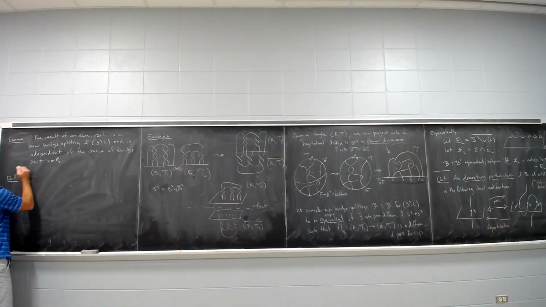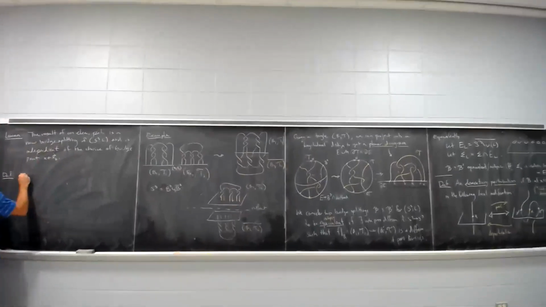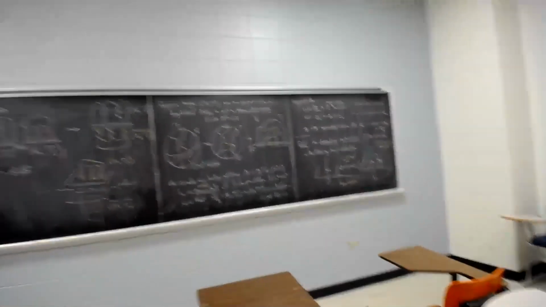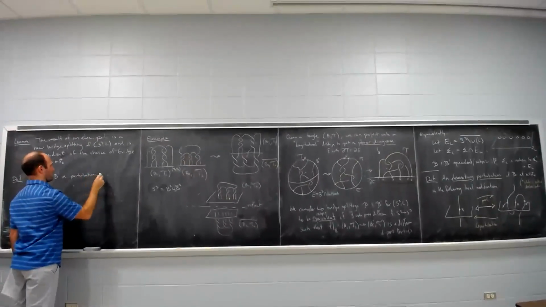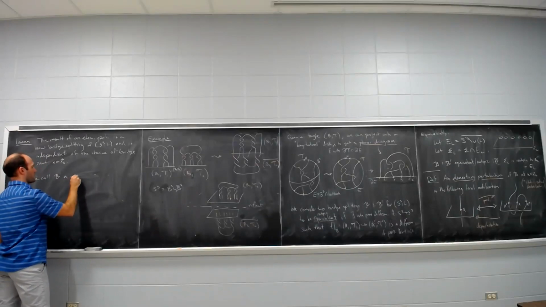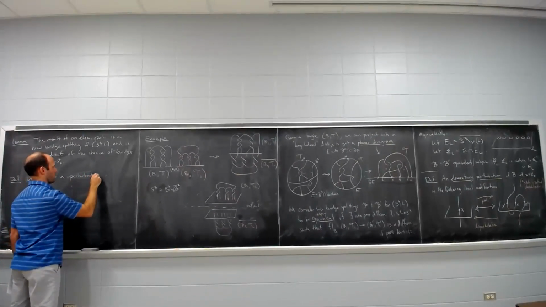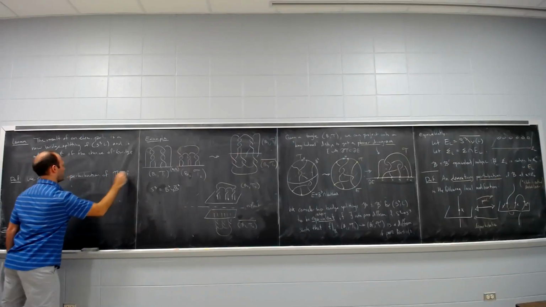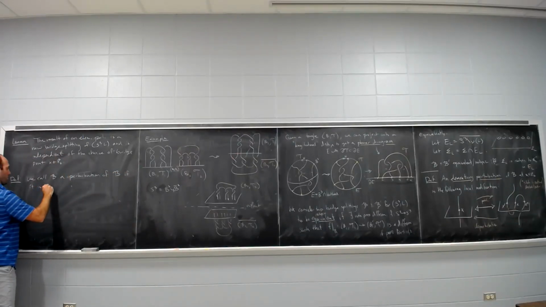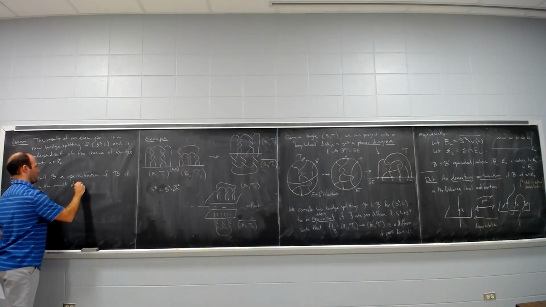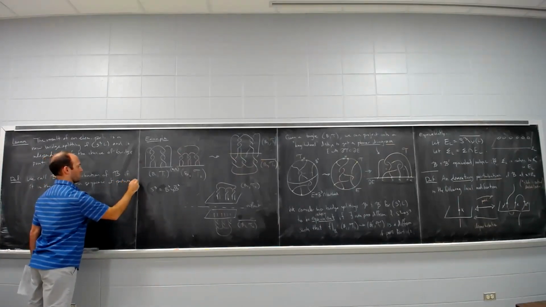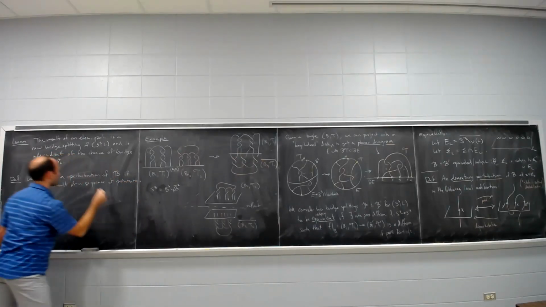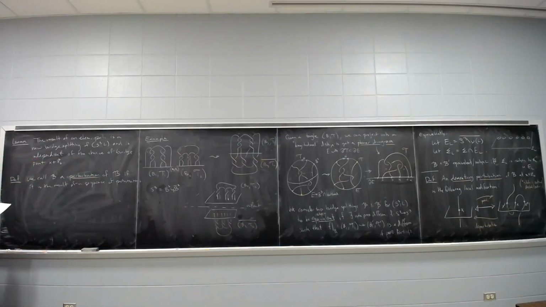We call B prime a perturbation of B if it is the result of a sequence of perturbations. Okay, so that's pretty obvious grammar. And then more importantly, two bridge splittings.